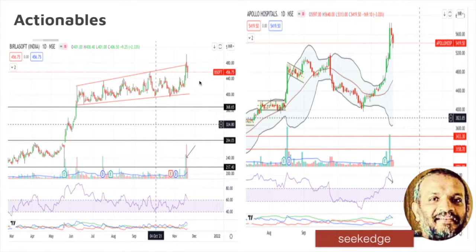Actionables, this is a repetition, but last stock as can, because it has taken a dip, and it is forming some kind of a range shift. So with momentum RSI not dipping downward, you can go long above the candle of today's high. Similarly, Apollo Hospitals is showing a bullish divergence with the prices going up and momentum going down.